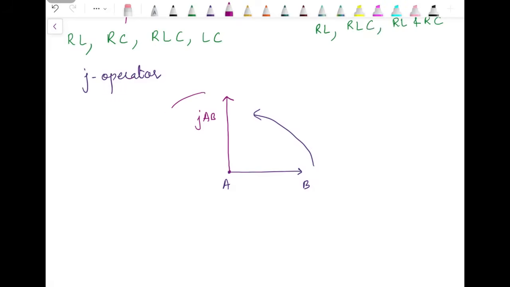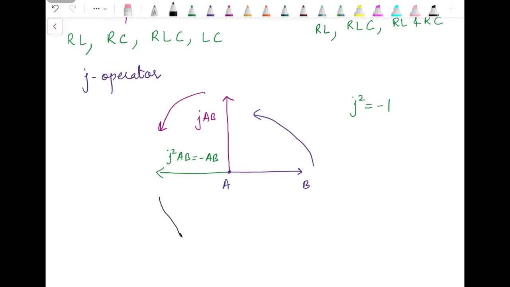If we further multiply it with j, it will rotate it further by 90 degree in anti-clockwise direction. So this will become j square AB. Now AB and j square AB are at 180 degree to each other, and their magnitude is the same. So we can write this as minus AB. What we get from here is that j square is actually minus 1.